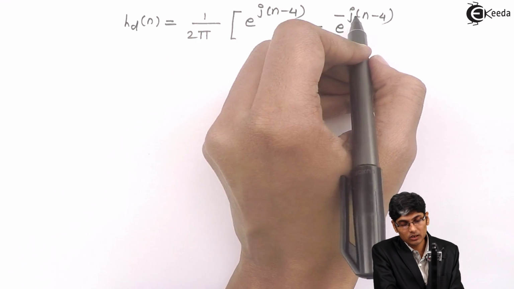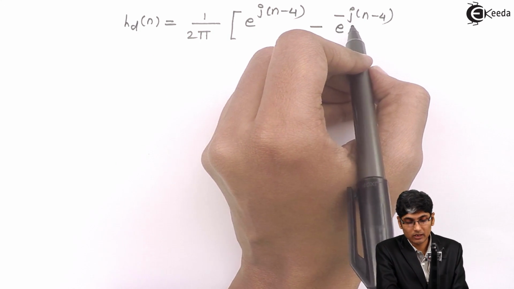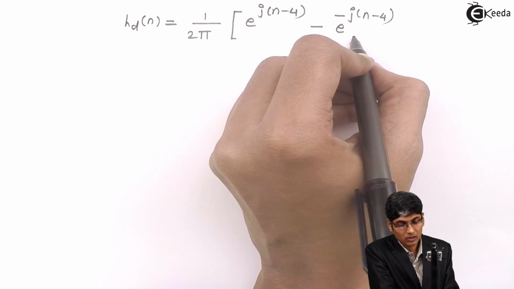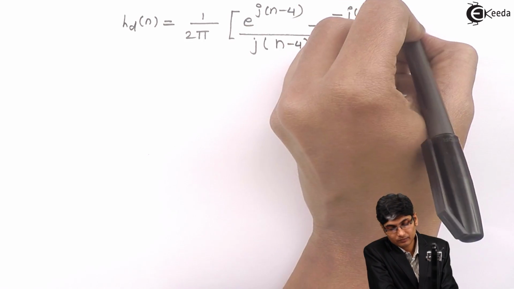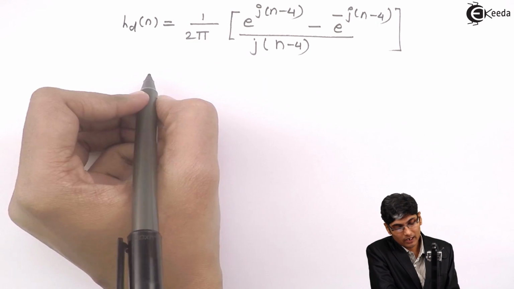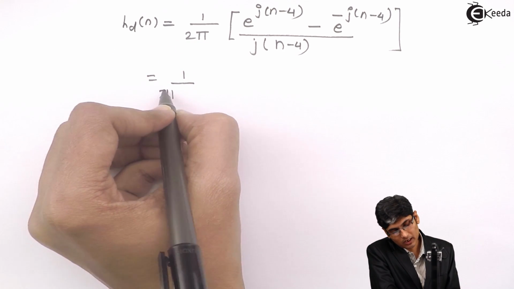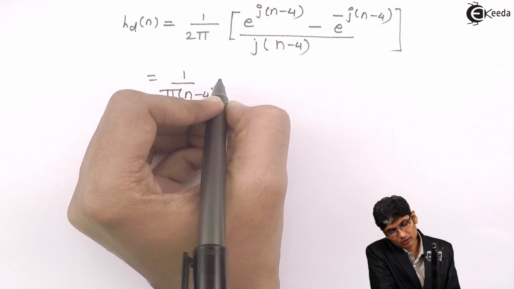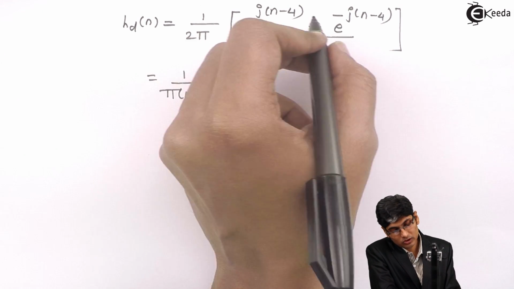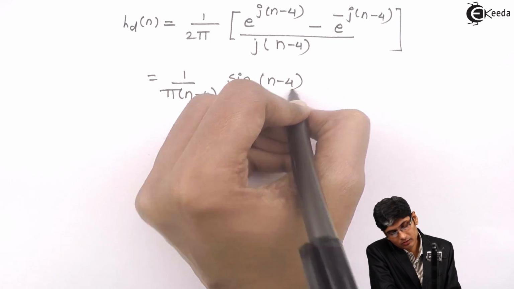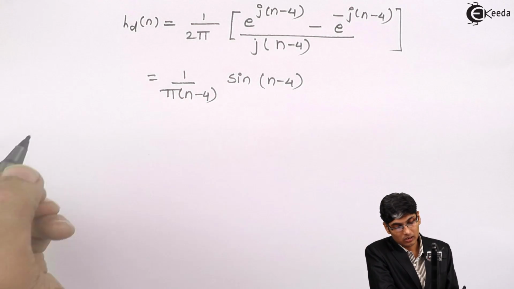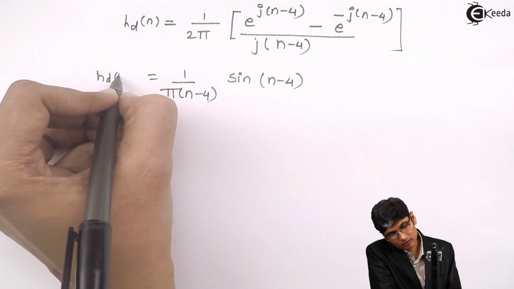So when you put minus 1, this goes to minus 1 and here it is plus 1, divided by (n minus 4) into j. So I'll use this 2 and j, then it becomes 1 upon pi (n minus 4), and 2j with this will give me sine (n minus 4). Okay, that is my hd of n.